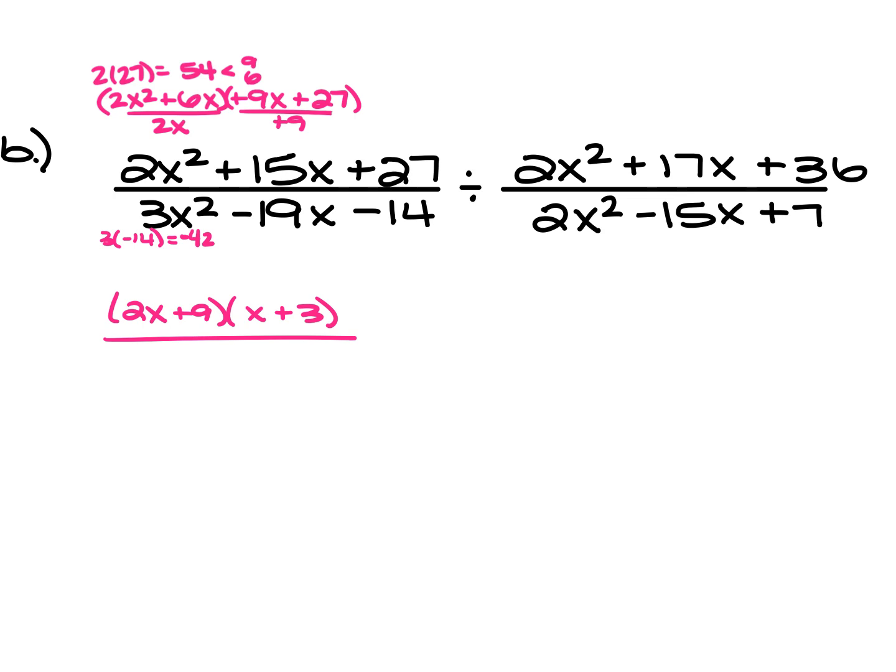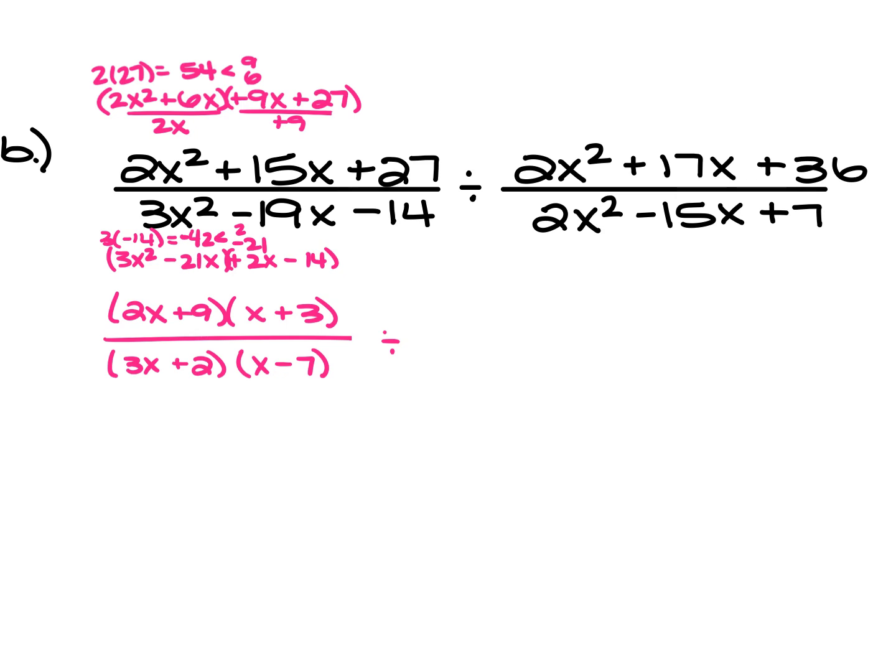If you have 2 and 21, and that 2 is positive and that 21 is negative, that would give you the negative 19. So this is going to be 3x squared minus 21x plus 2x minus 14. We factor by grouping there. We're going to factor out a 3x and a 2, and we're going to have x minus 7 left.